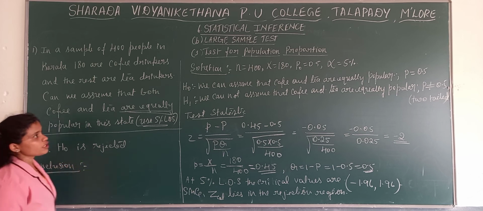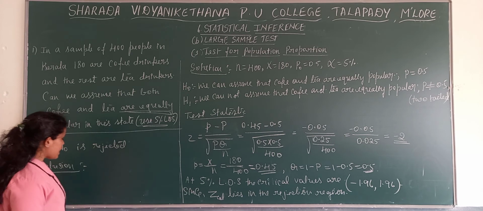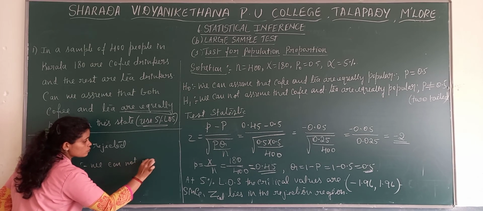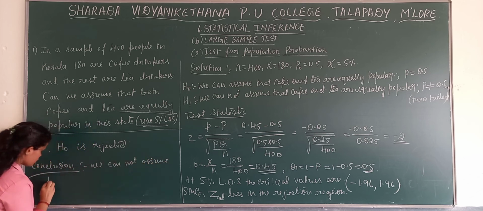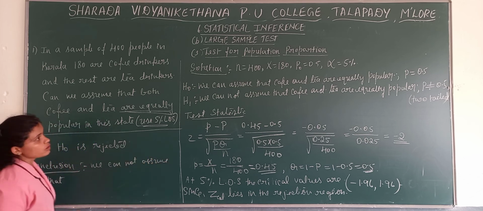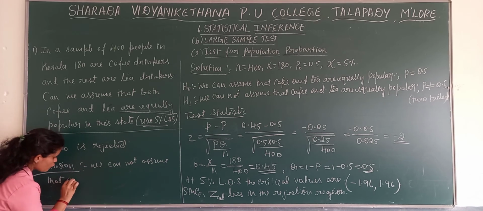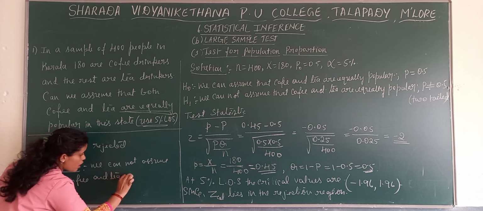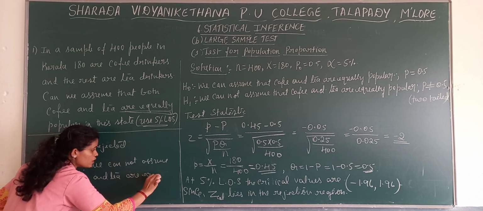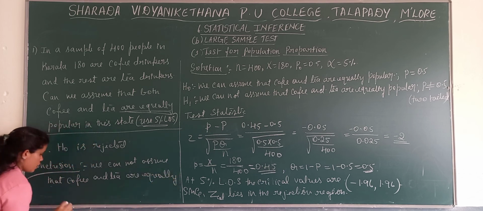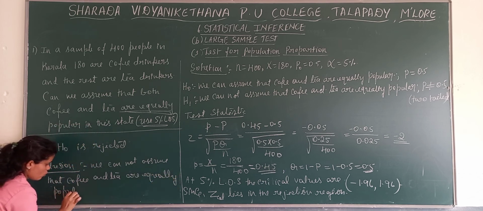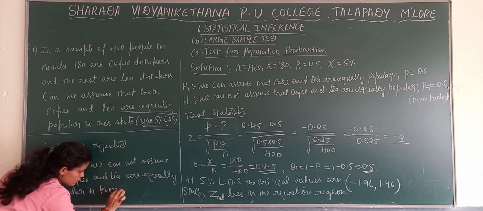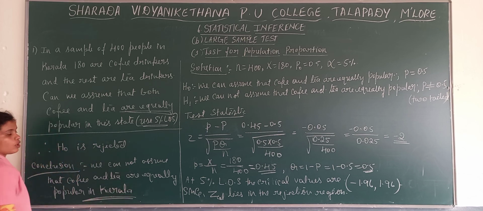The conclusion should be the alternative hypothesis: we cannot assume that coffee and tea are equally popular in Kerala. We have not written Kerala, in the state of Kerala.